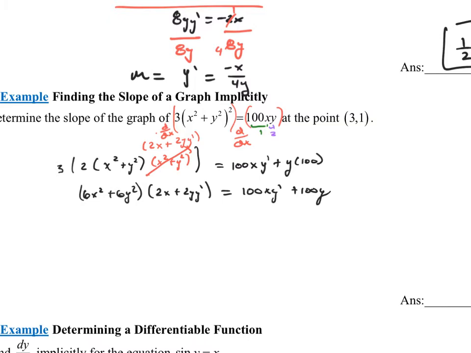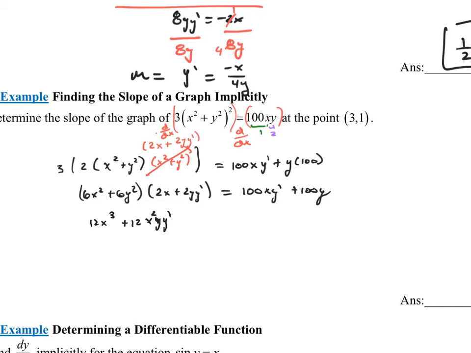Okay, now what do I do? Well, I'm going to go ahead and distribute the 6x squared through, and then I'm going to distribute the 6y squared through. Let's see what we get. 6x squared times 2x would be 12x cubed. 6x squared times 2y y prime would be 12x squared y y prime.